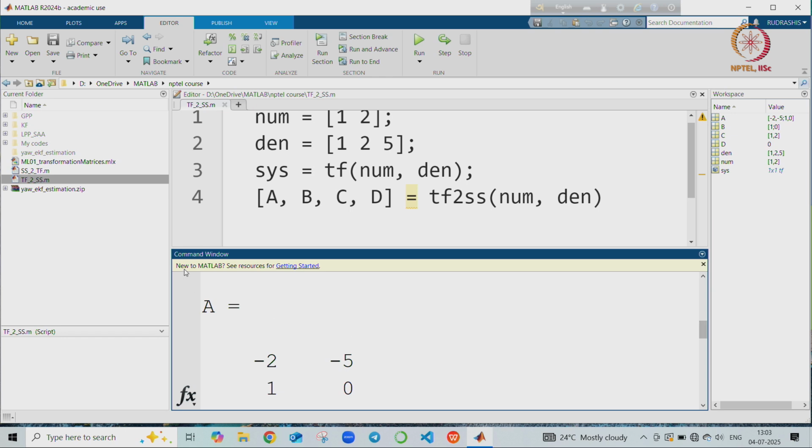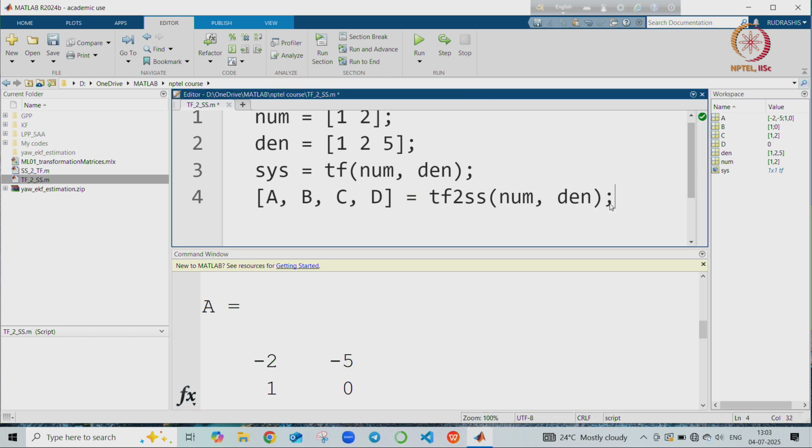Now, if we want to come back from the state space form of A, B, C, D to the transfer function form, how do we do it? We will specify this matrix, and then we will do it like this.